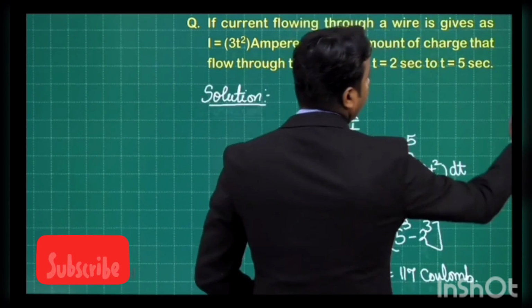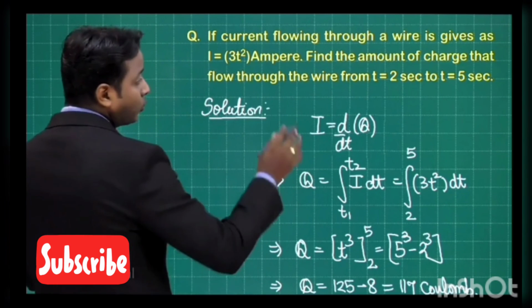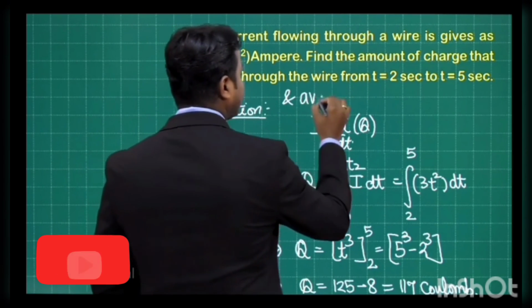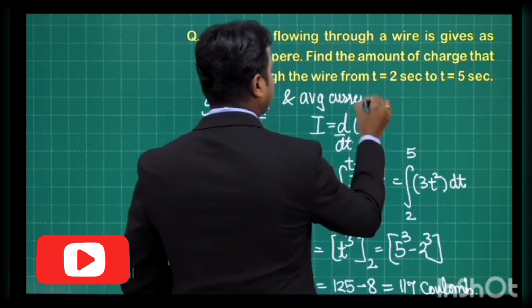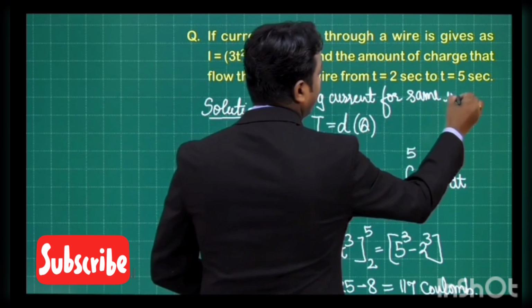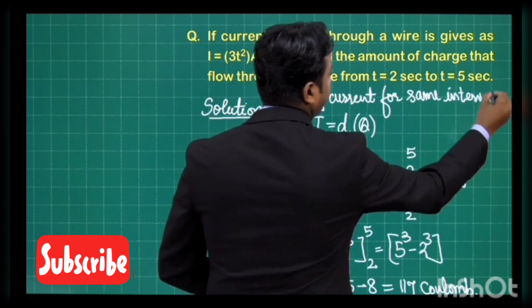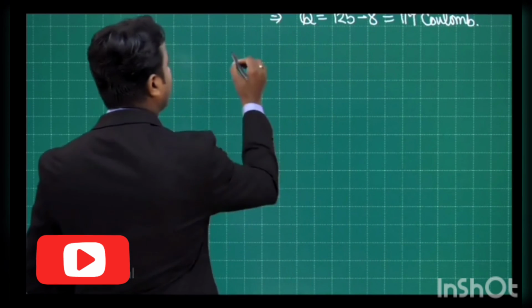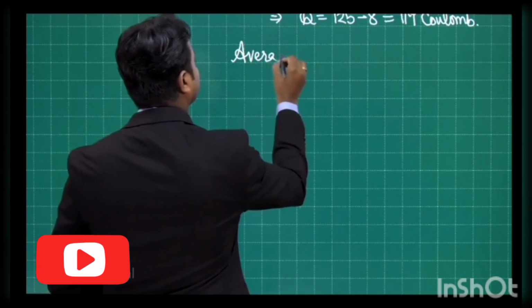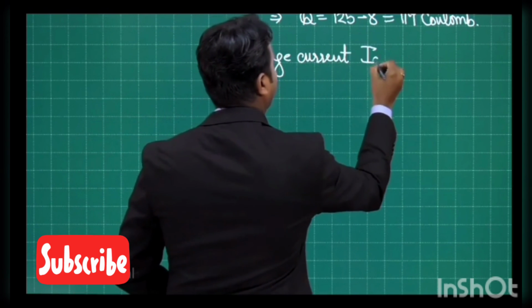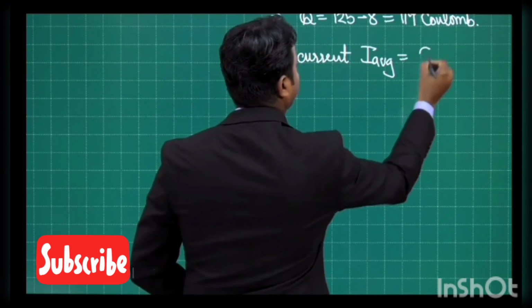Now if I ask you a simple question that you also need to find the average current for the same interval, what we can do over here is, we know that average current, that is I average, is simply charge upon time.